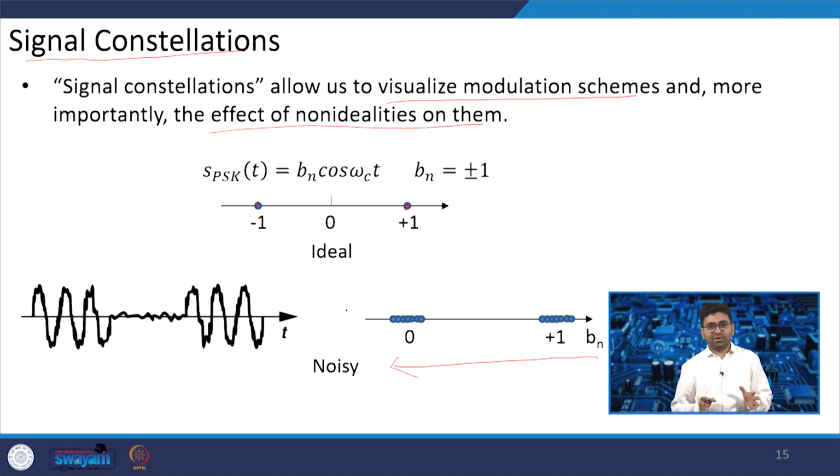But in reality, when it passes through the channel, noise will be added. If you make a constellation diagram of the same, when you receive a 0 or 1 amplitude, the amplitude for one bit will be different from that of another bit. When we keep them on a single line, it just looks like a dot, because there are multiple bits at the same point with the same amplitude.